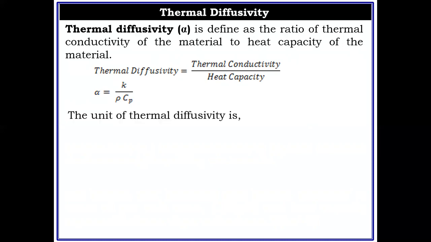The unit of thermal diffusivity: now if I put in the units of all notations, K is in watt per meter Kelvin, rho is kg per meter cube, and C or specific heat is in joule per kg Kelvin. So in the denominator kg gets cancelled.